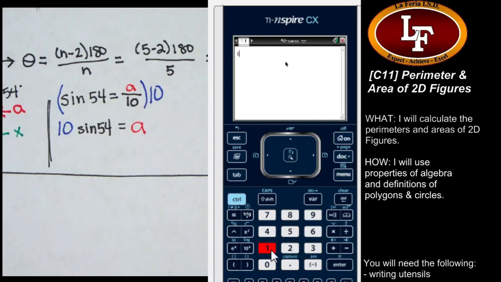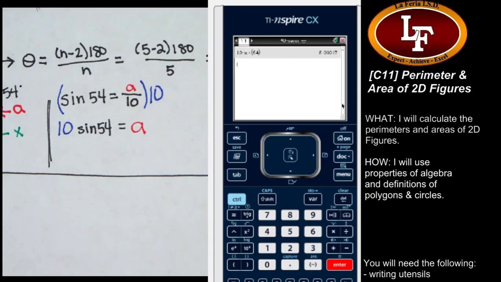All right, so 10 times, now I need to find where the sine button is. The sine button is found under the trig menu, which is right here next to the number 7. Go ahead and scroll over till you're highlighting sine, S-I-N, and then your angle measure of 54.